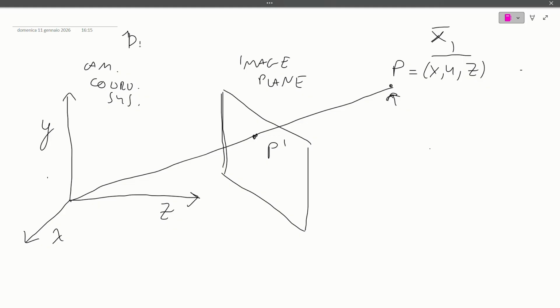It's the geometry that works inside the first cameras. Now cameras are more complex, but basically we can say as an abstraction that this is the geometry of the camera.